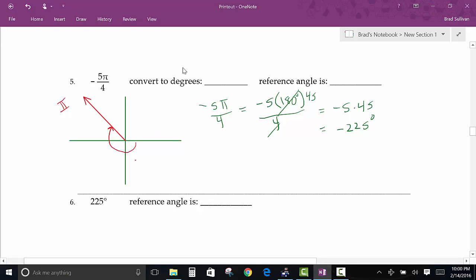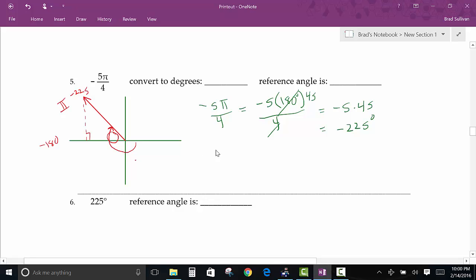When we find this reference angle, what we do is draw straight down to the x-axis, like that. You always do that. Then we're looking at this angle right in there. You just have to reason out how to do that. If going from there to there is negative 180, and from there to there is negative 225, it's just how much further did you go?